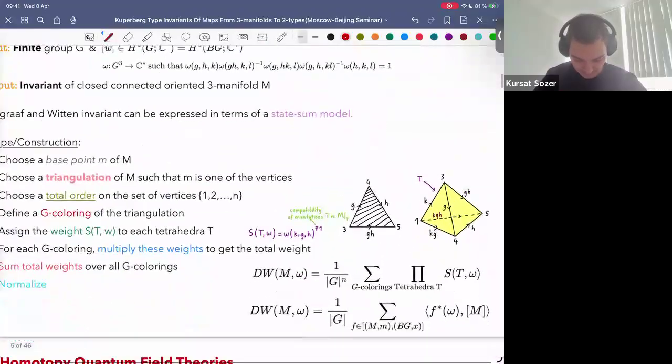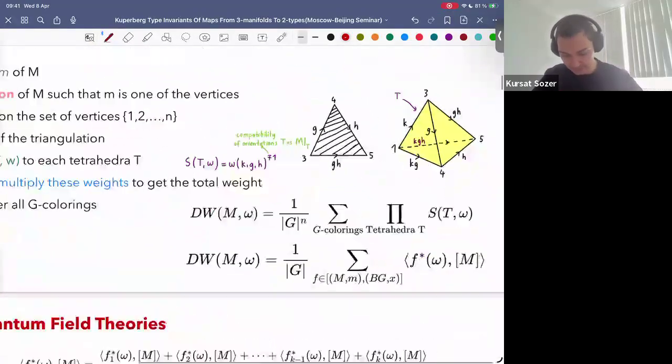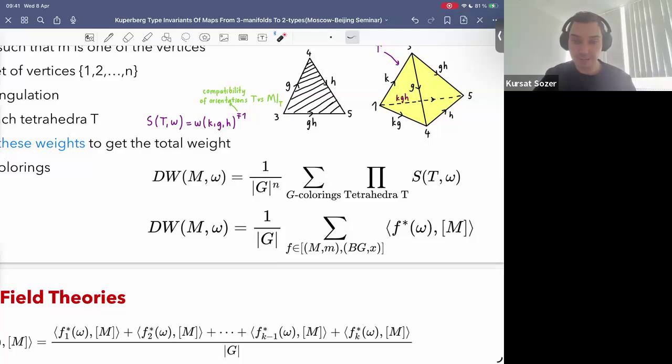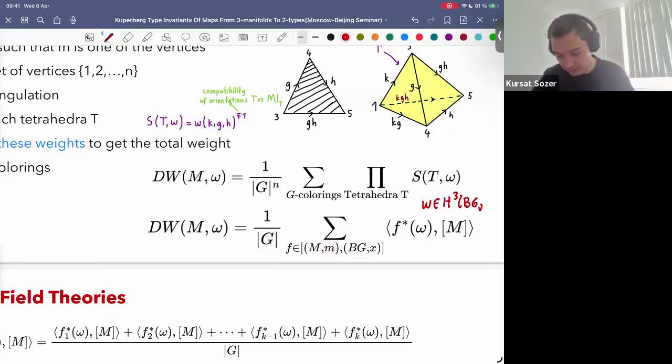And in fact, it's a good question. This invariant can be formulated as the number of based homotopy classes of maps from M, with the base point, to the classifying space of this finite group, with the base point X. Remember, omega is a third cohomology class of BG with C star coefficients.